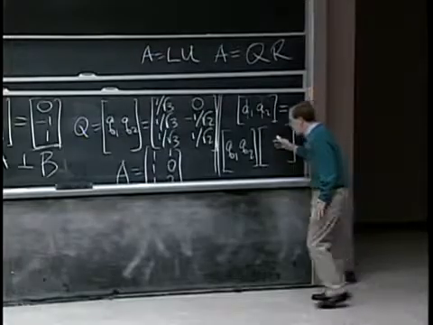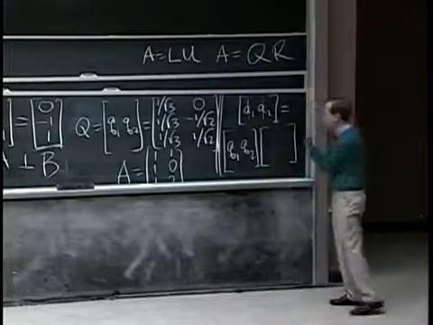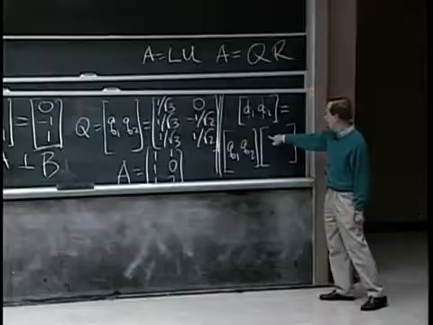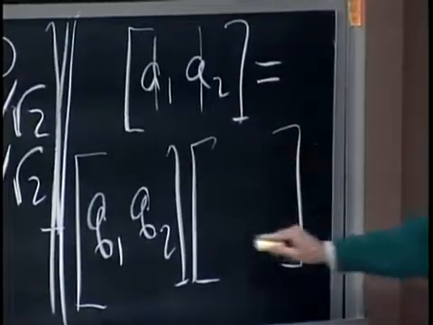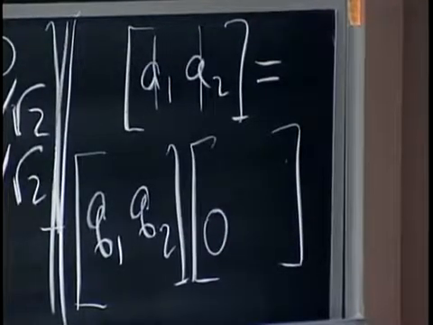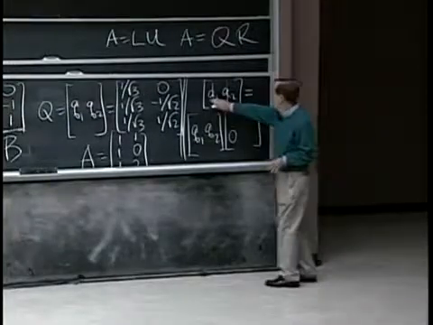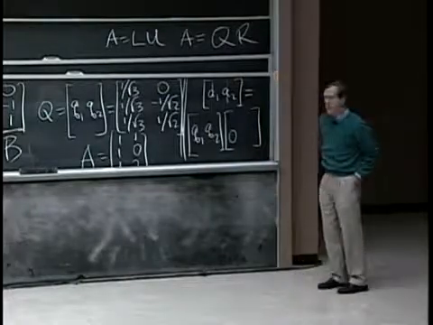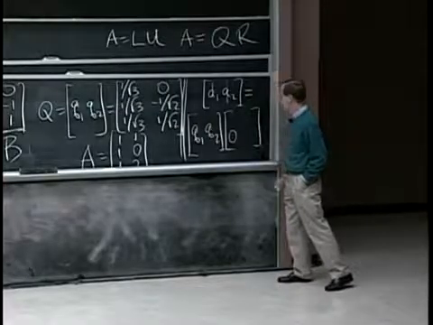This matrix just includes whatever these numbers are, like 1 over square root of 3 and 1 over square root of 2. Probably that's what it's got. 1 over square root of 3, 1 over square root of 2, something there. But actually, it's got a 0 there. So the main point about this A equals QR is that R turns out to be upper triangular. It turns out that this 0 makes it upper triangular.